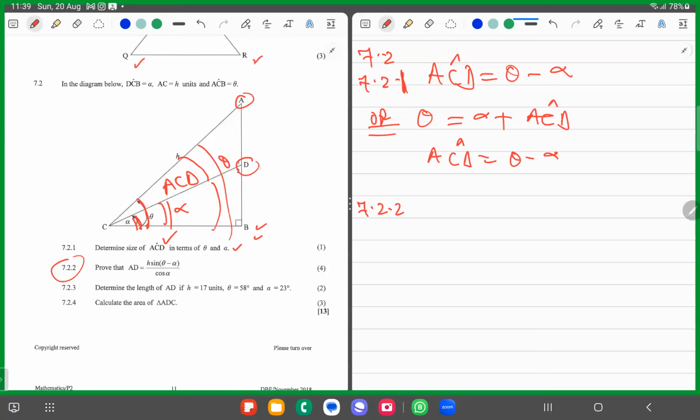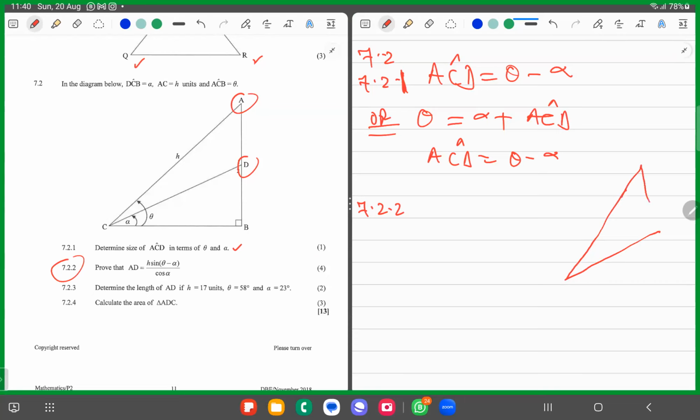You have AD, this one is A and this is D. You need to prove that AD is this one. To prove that, you can realize that you'd have this, that, and you extend like this. And then this one is A and this one is D.